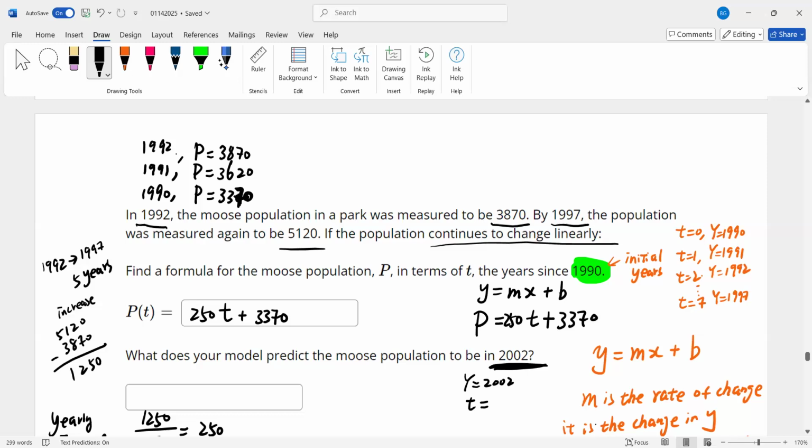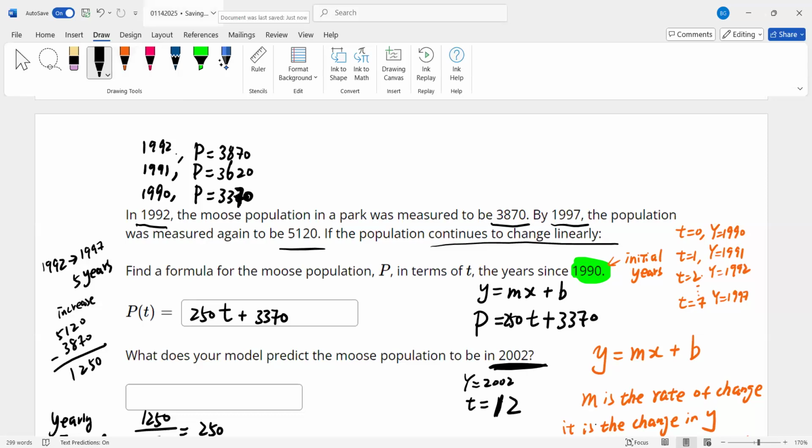Oh yeah, exactly, 12. Perfect. This is important, okay? Please do not just plug in t equals 2002. No, t is not the year. t is the number of years since 1990. The meaning of the variable needs to be very clearly understood. So here t equals 12.